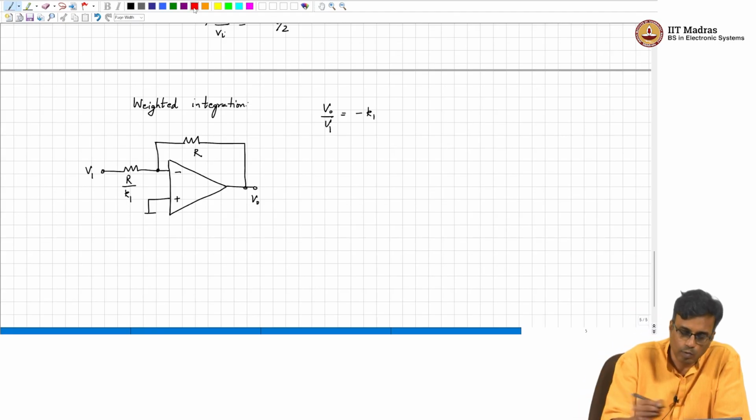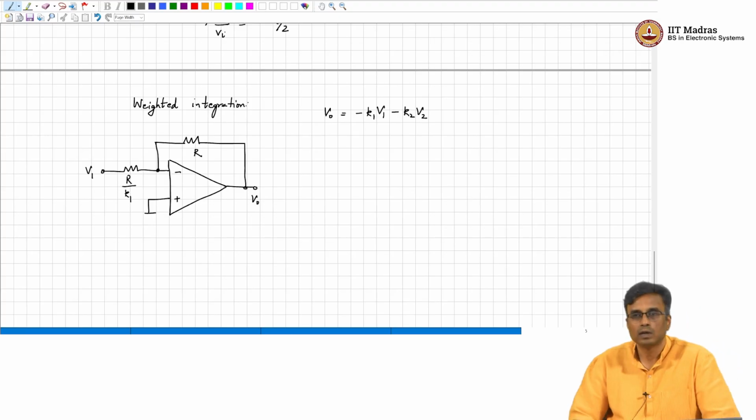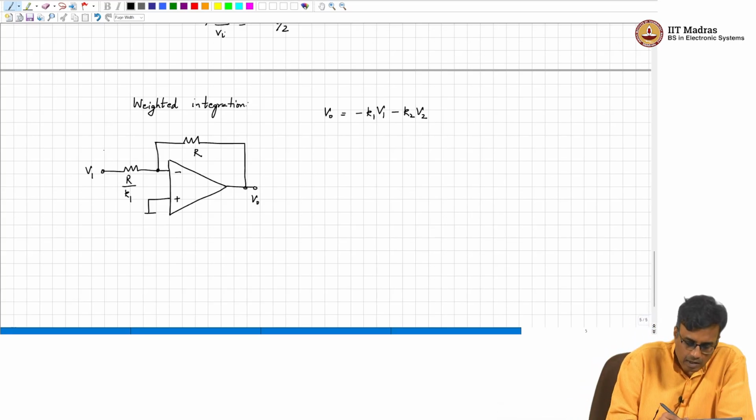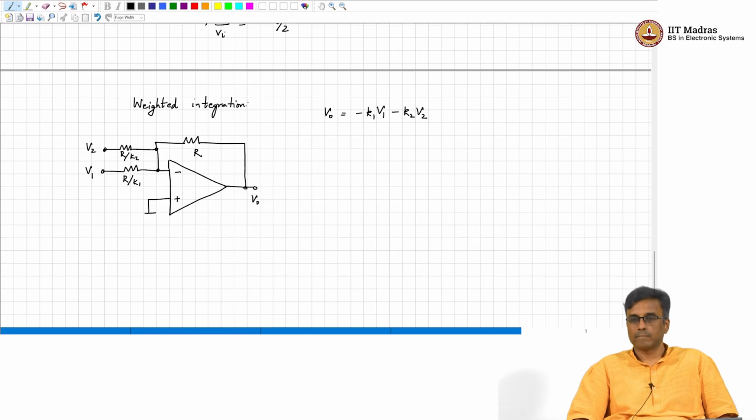right. In other words, Vo is minus K1 times V1. Now, let us say we want Vo to be minus K1 times V1 minus K2 times V2. What should we do? We will add another resistor of value R by K2.